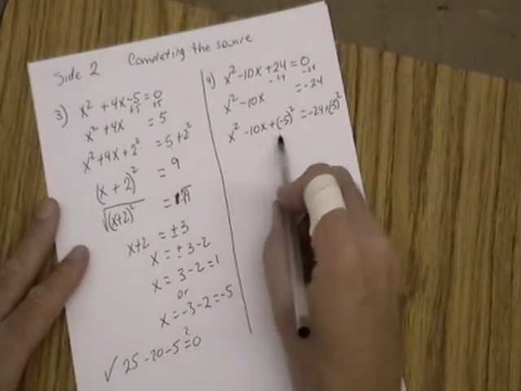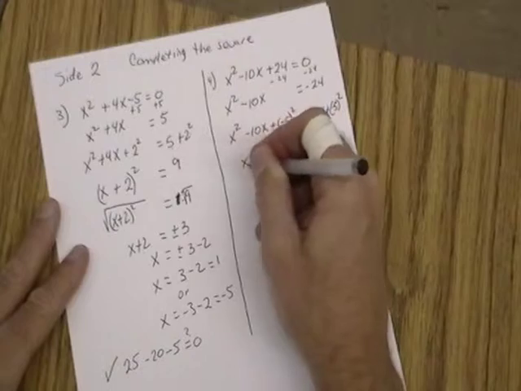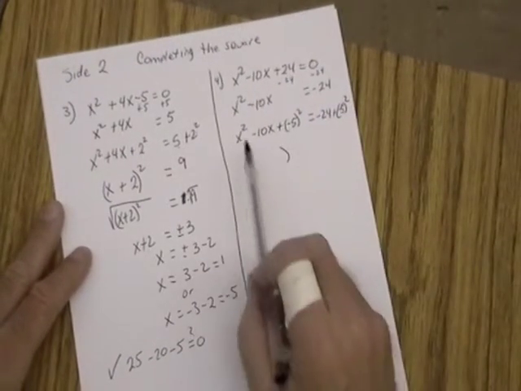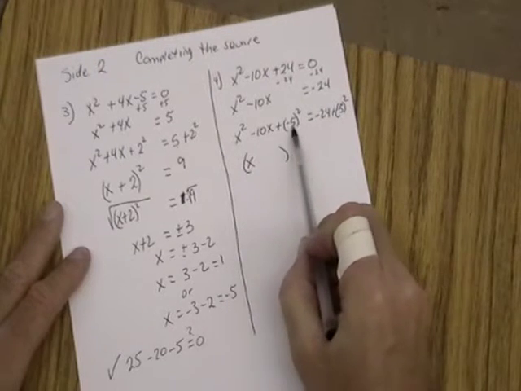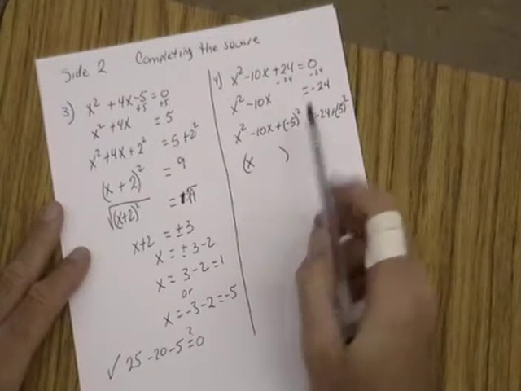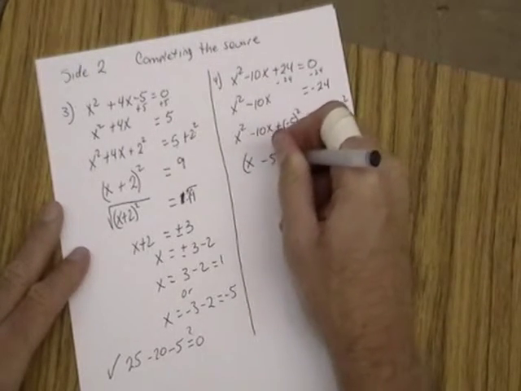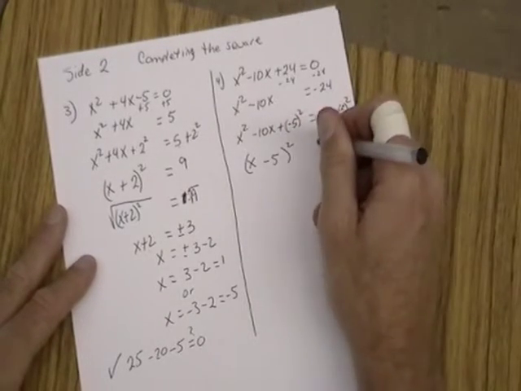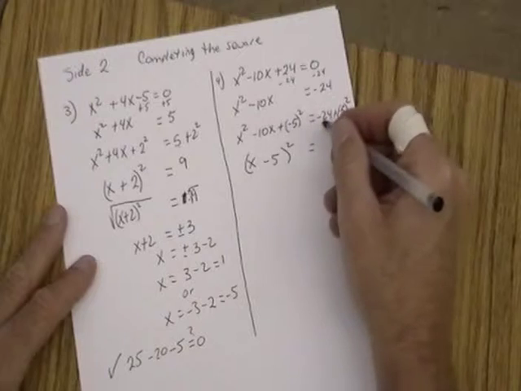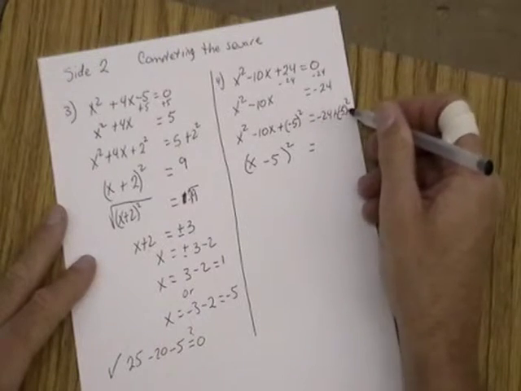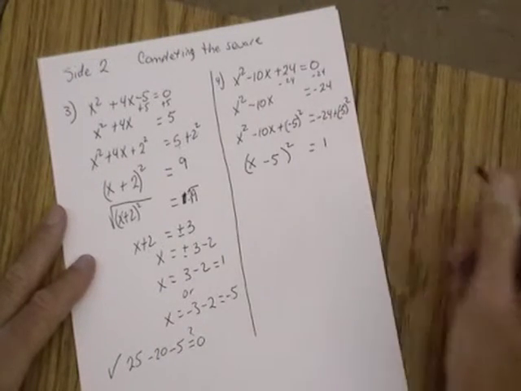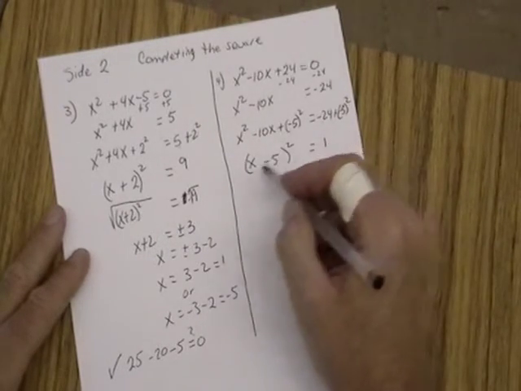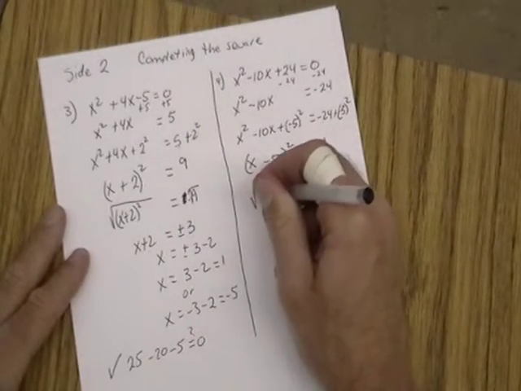Okay, so this factors to a binomial squared. Square root of the x squared is x, and then square root of the -5 squared is just -5. And then this is -24 plus 25, which gives us a 1. So we take the square root of both sides.